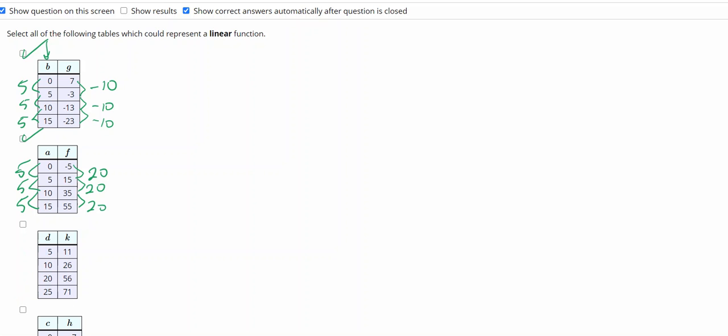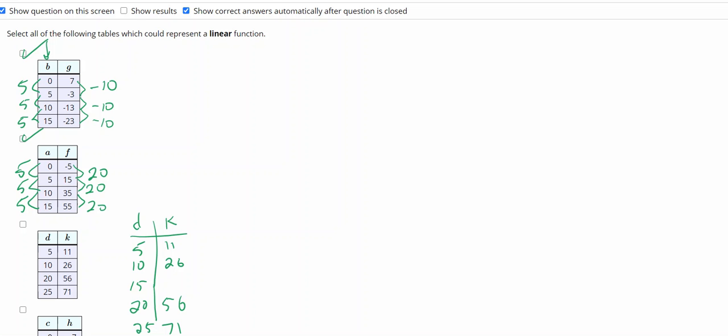So if I make my own table here, this is D and this is K. So this is 5 and 11, and then 10 and 26, and then 15, and we don't know what that is, and then 20 and 56, and then 25 and 71.